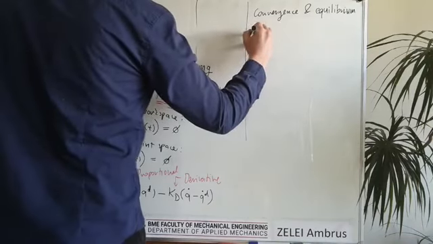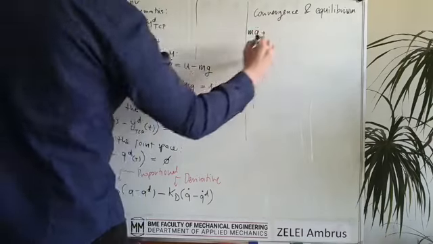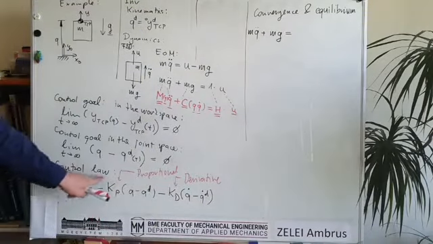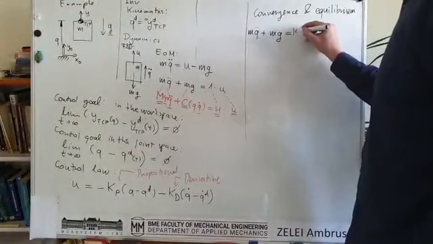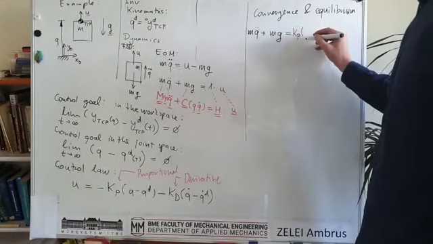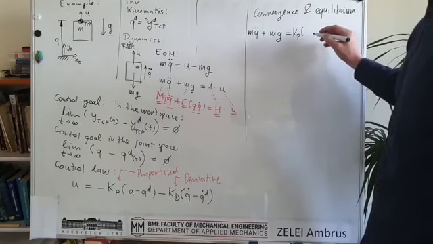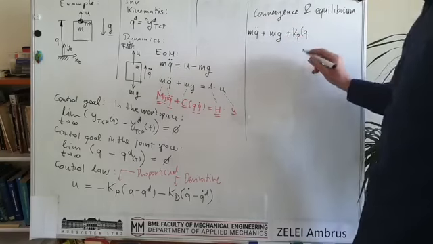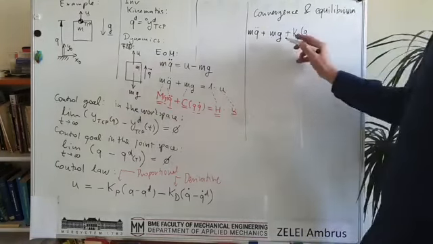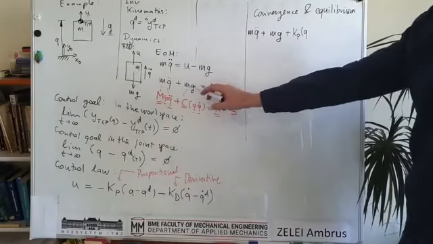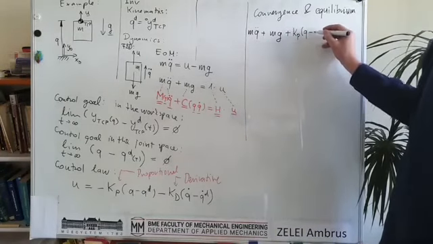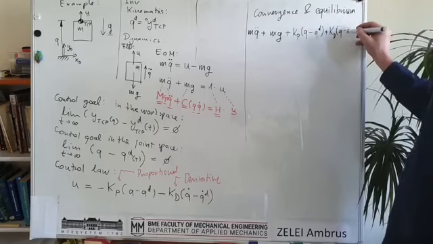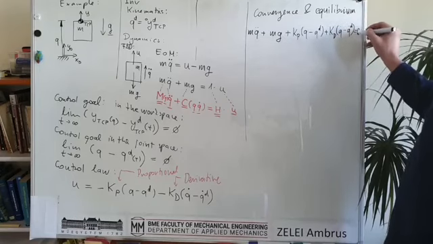So m times q double dot plus m times g equals 1 times the control law. We can put everything on the left hand side, so m times q double dot plus m g plus kp times q minus q desired plus kd times q dot minus q dot desired equals 0.